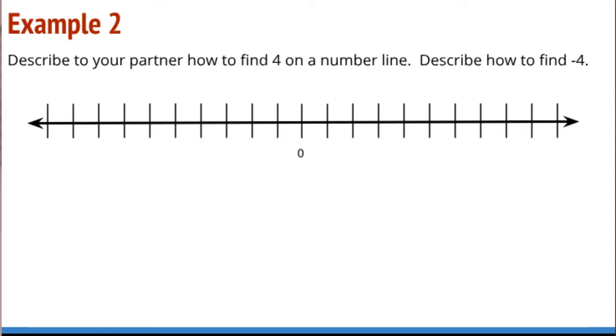All right, so looking at 4 on the number line, I've got 0 here, and I'm going to use the lines here and count them as ones. So I've got 1, 2, 3, 4, and 4 is 4 units from the 0.